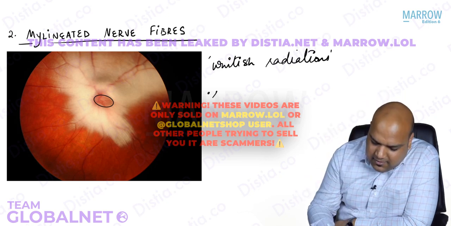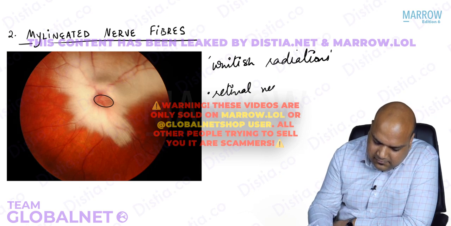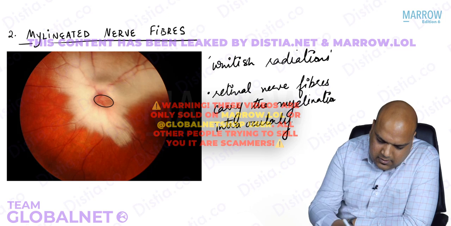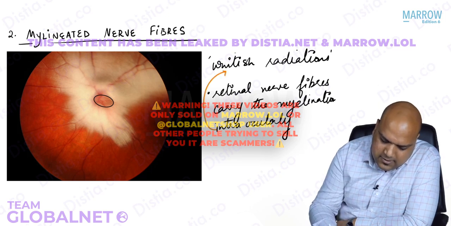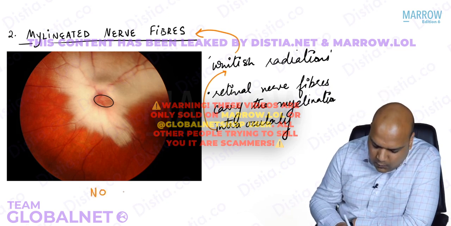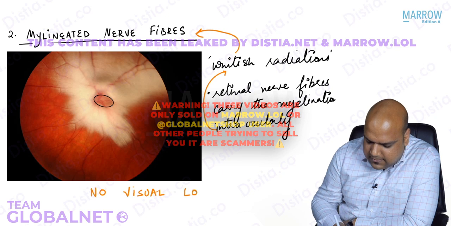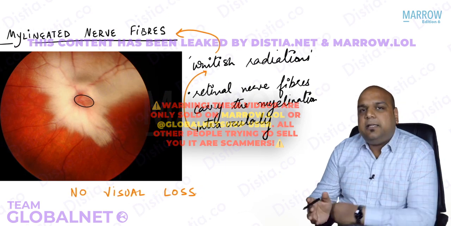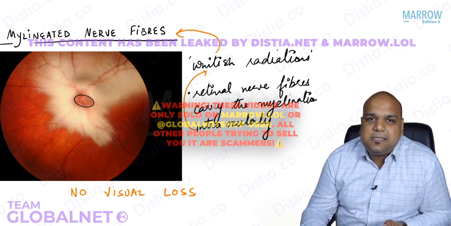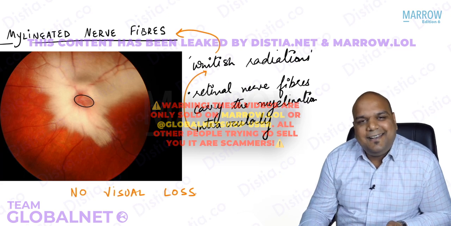But if the retinal nerve fibers carry the myelination intraocularly, giving the appearance of whitish radiation, we call it myelinated nerve fibers. As simple as that. There is no visual loss. So this is just something that you can see, that you can write down as a diagnosis, but it has no visual consequences. This is just a congenital condition, myelinated nerve fibers.